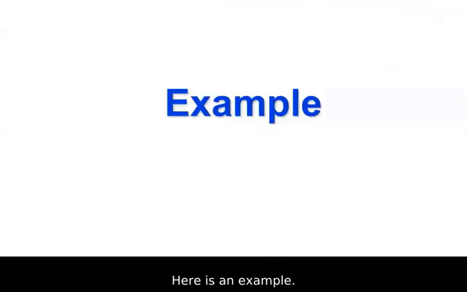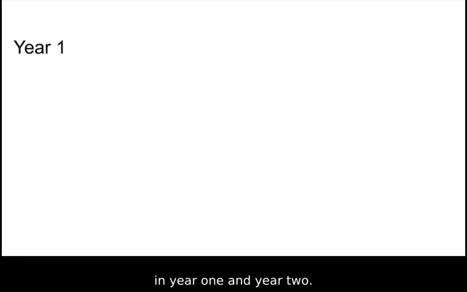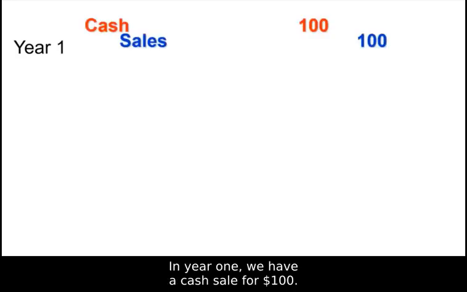Here is an example. This is a set of journal entries that we are going to record in year 1 and year 2. And we will find accrual basis revenue by converting from cash basis revenue. In year 1, we have a cash sale for $100.